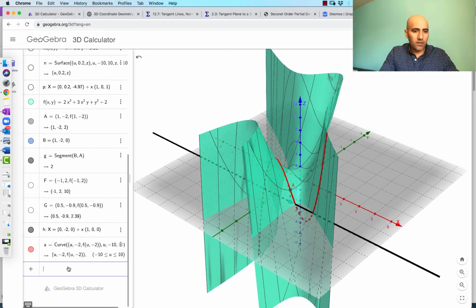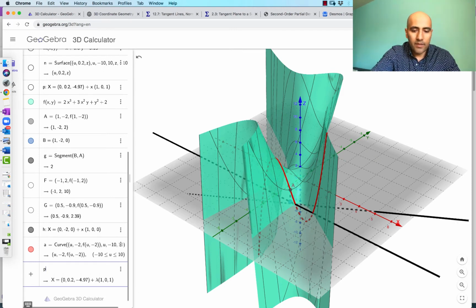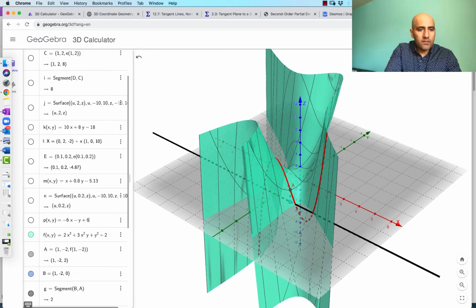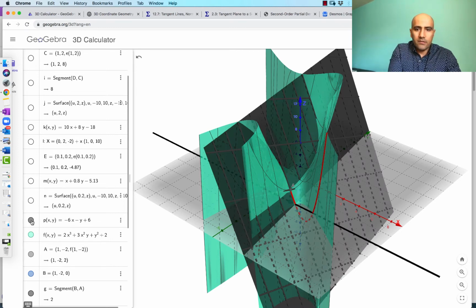Let's call this a new function, p of x comma y, equal to minus 6x minus y plus 6. Okay, so there it is.